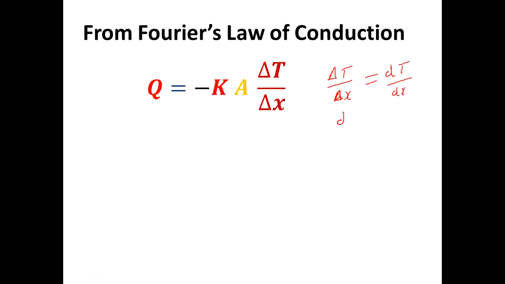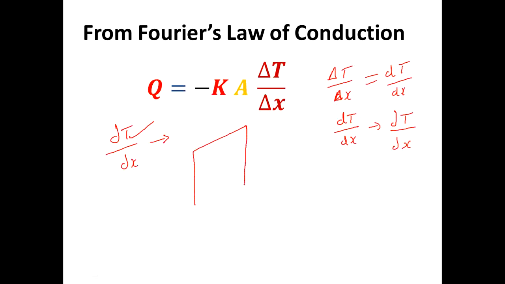If you want to take dT by dx only in the x direction, I will change it into the partial differentiation del T divided by del x. What does this mean? Del T by del x means variation of temperature in the x direction only.